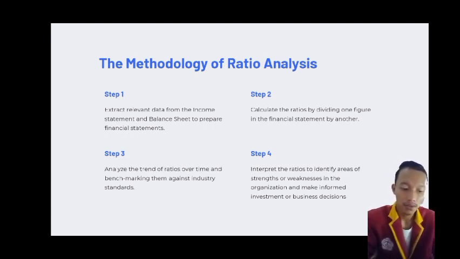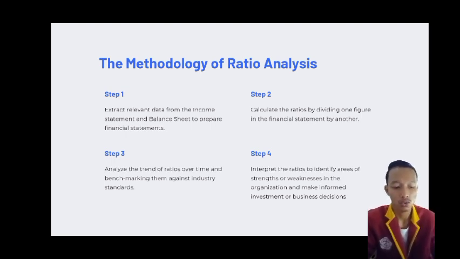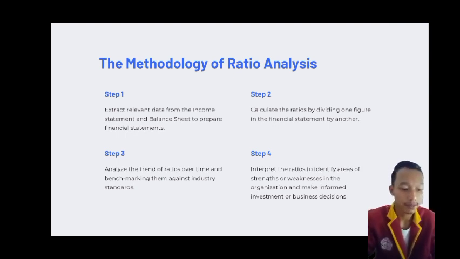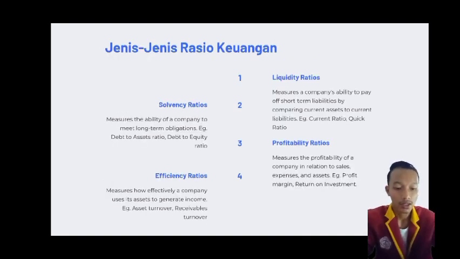Step number 4, interpret the ratios to identify areas of strength or weakness in the organization in making informed investment or business decisions. Next, slide number 4.